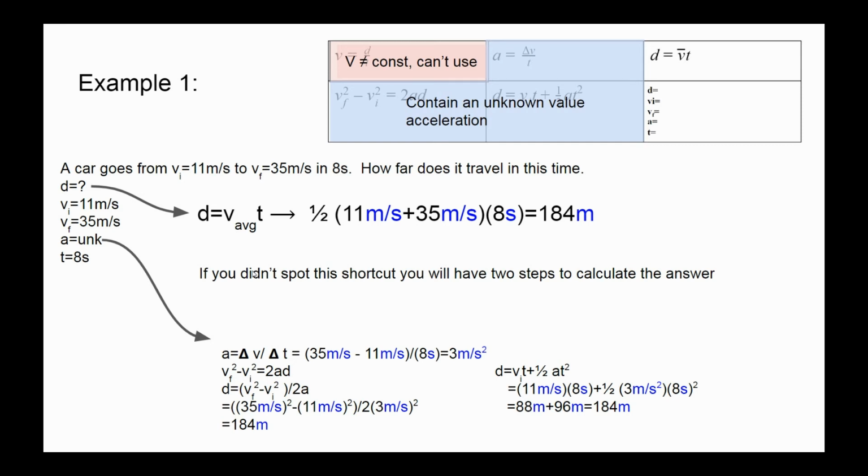But in the future, you might get a teacher that says, tell me how far it traveled using the quadratic equation. You might have to check with your local teacher if they really want you to suffer. And if they want you to suffer, they're going to want you to do it this way. If they're nice like me, they're going to want you to be as lazy as possible and spot the shortcut.